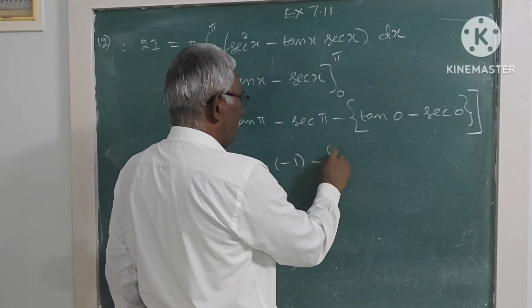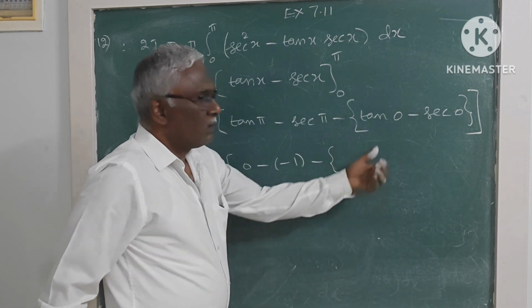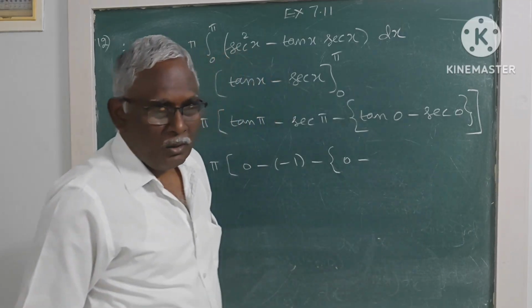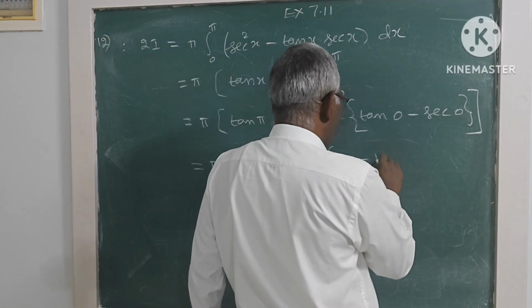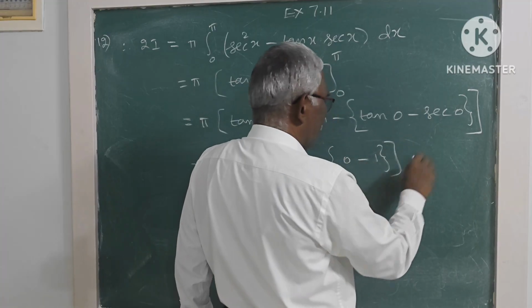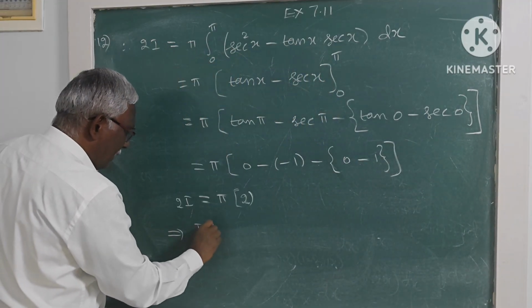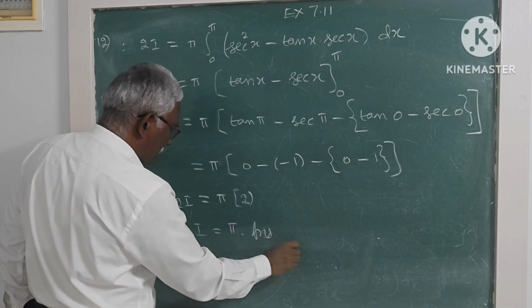Minus of tan 0 is 0, minus cos 0 is 1, so secant 0 is also 1. Equal to 2 pi, so I value is pi, so this is the answer.